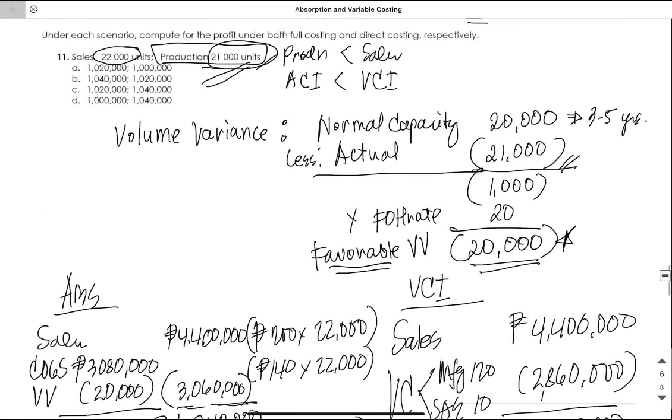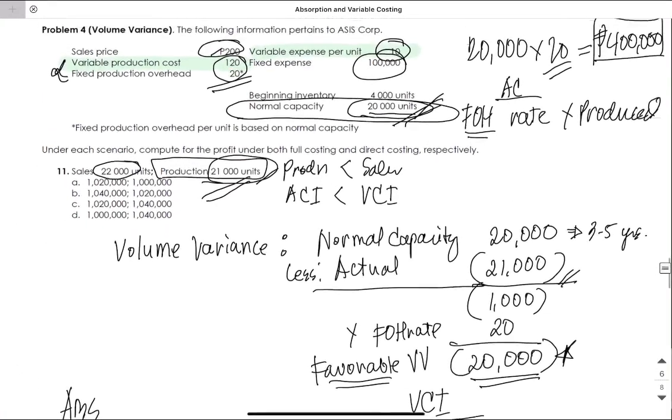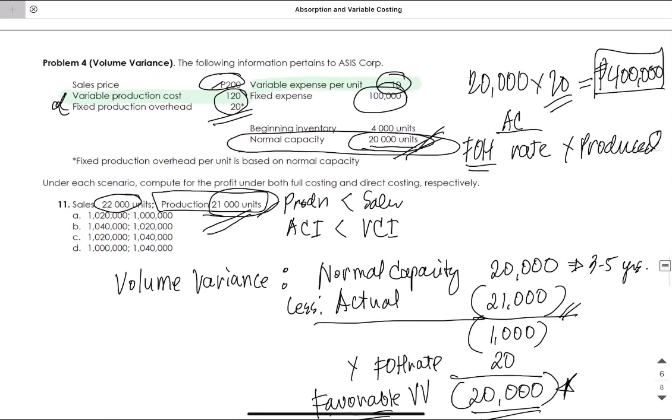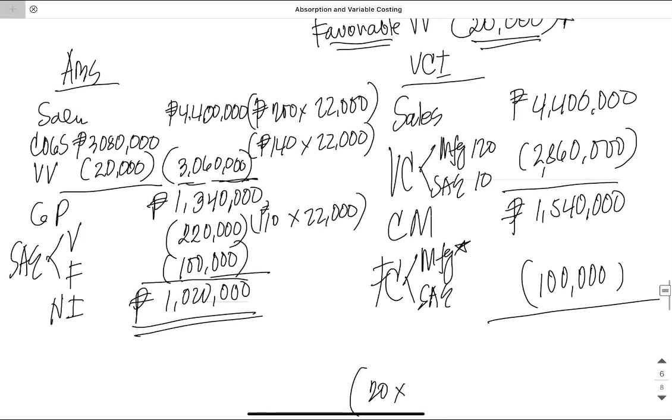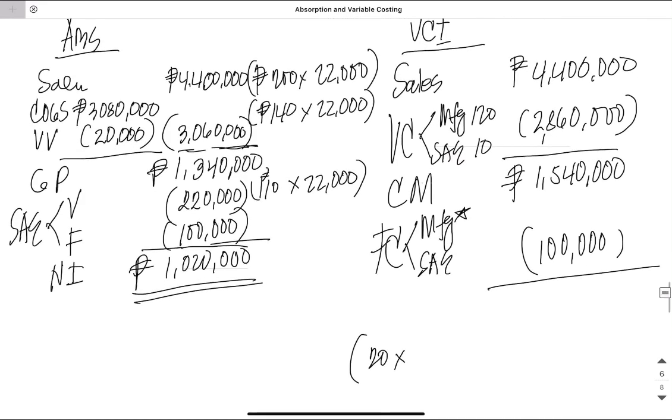However, there are two figures related to production. We have 20,000 and 21,000, so normal and then actual. So where are we going to base this fixed manufacturing overhead cost? We have to base it on the normal capacity.